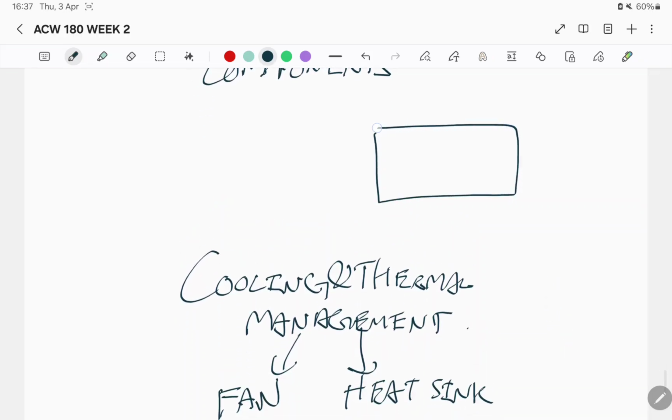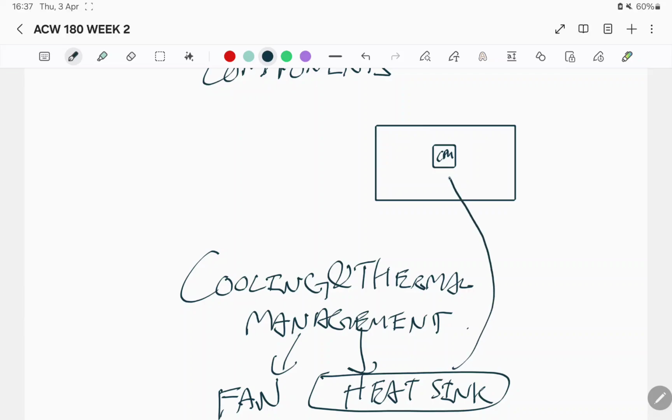So you got this motherboard, and over here maybe you got the CPU. Then there's this heatsink that will be on top of this one, just to cool off this CPU, because electric, right?